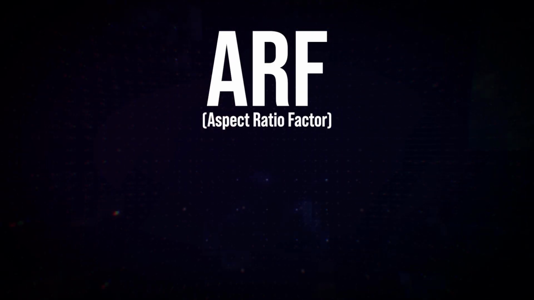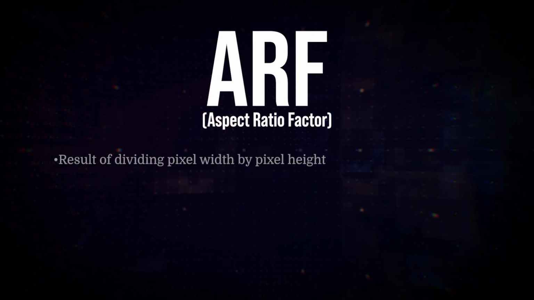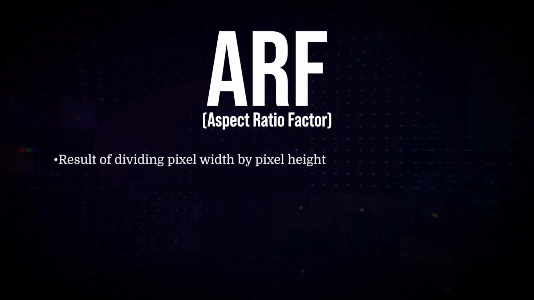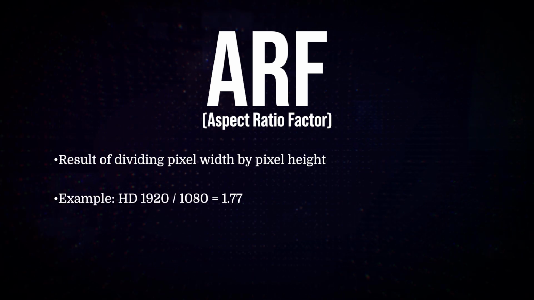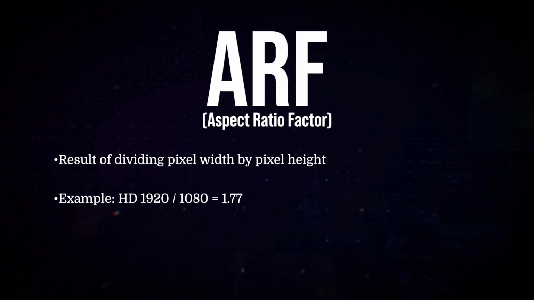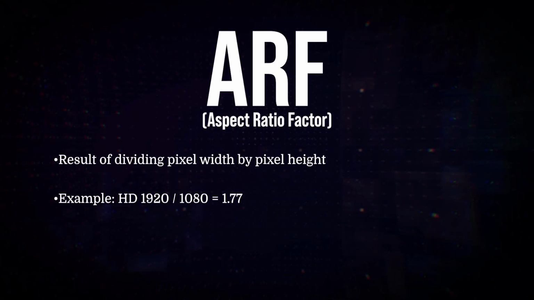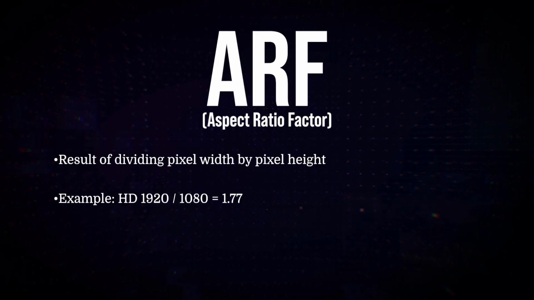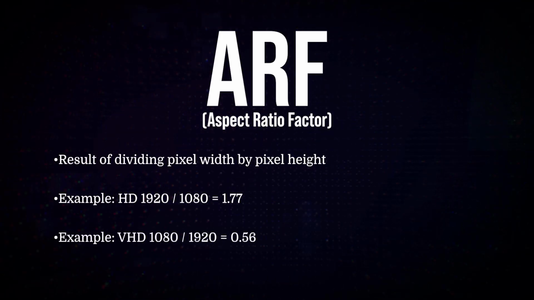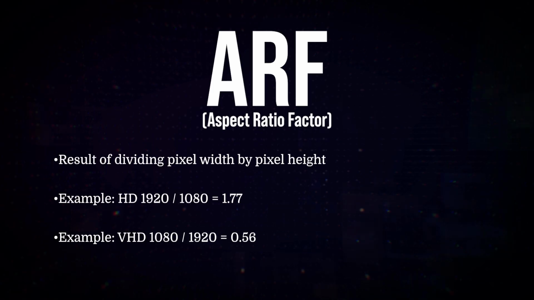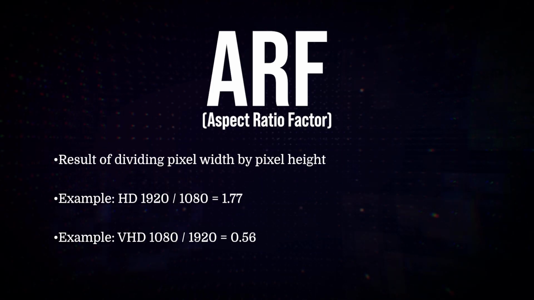This is a number that we get to by dividing the pixel width by the pixel height. So 1920 divided by 1080 is 1.77. So 1.77 is the ARF for standard HD. 1080 divided by 1920 is 0.56, which is the ARF for vertical HD.